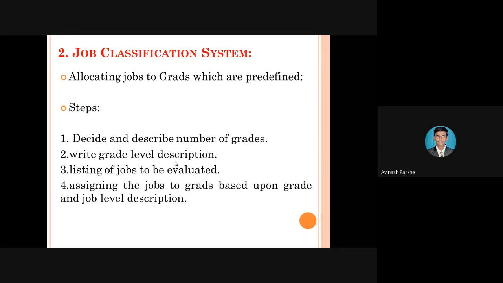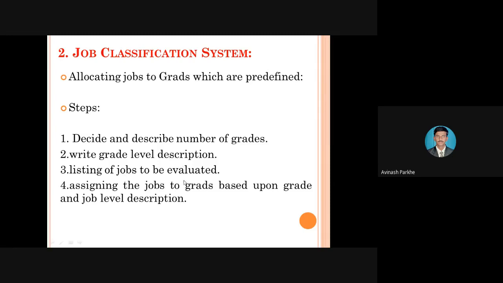So whatever grades we have decided, for each and every grade we have to give the description. Why A++? Their reason. Why A+? Their reason. Why B? Their reason. If there is a total low level, for example capital E, this is the total low level grade. So we have to give the description of that particular E, why E will be given. So write the grade level description.